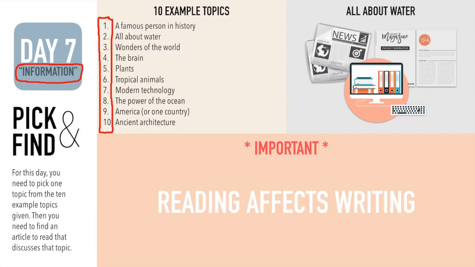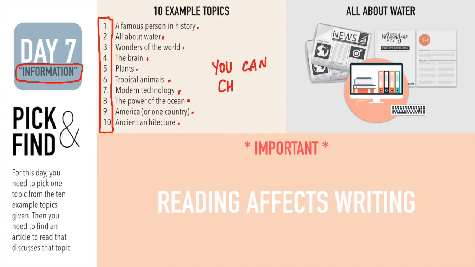So some examples I gave were a famous person in history, all about water, wonders of the world, the brain, plants, tropical animals, modern technology, the power of the ocean, America or another country, or ancient architecture. Now remember, you can choose a different topic, okay?